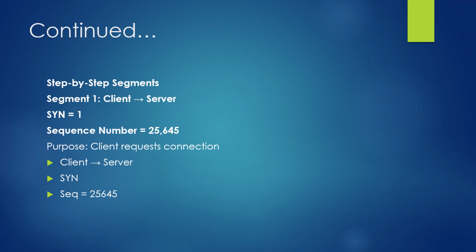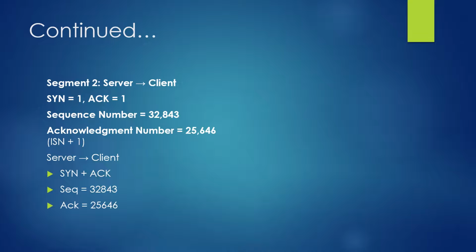For that, SYN will be 1 and the sequence number will be 25,645. The purpose is that the client requests the connection. Now segment 2 is from server to client.